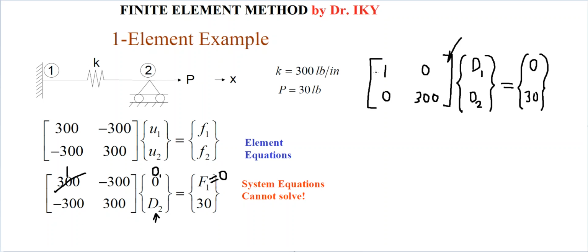Why? I don't want to solve for this one. I want to solve for the second one, and just for it. So we will make the second row, first column also 0. Why? Because I want to eliminate the d1 again. So 300 will be multiplied by d2 and it is equal to 30.